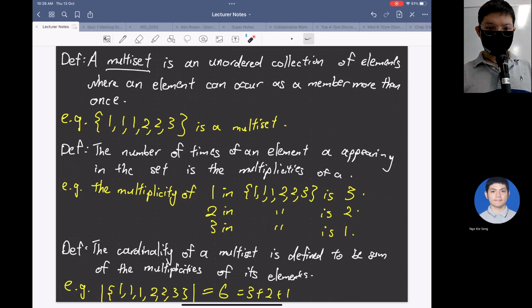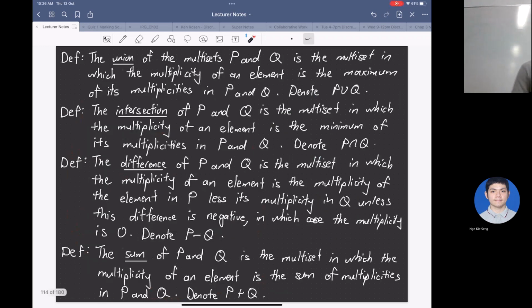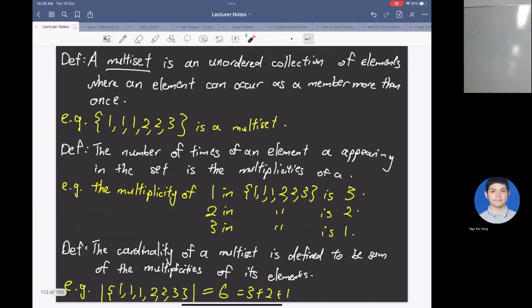Okay. Before going to the union thing, actually you can try to define the subset notion for multiset.